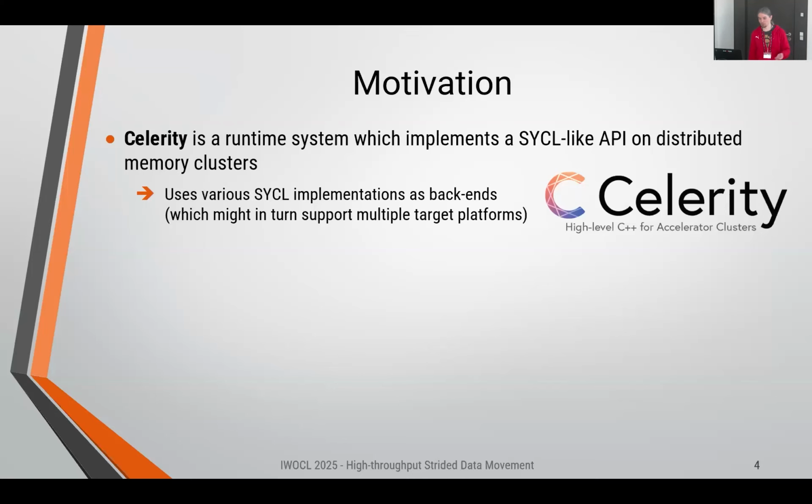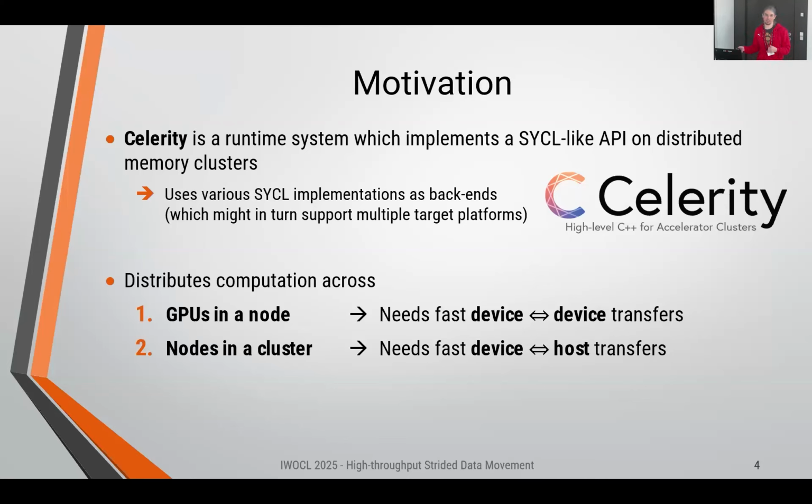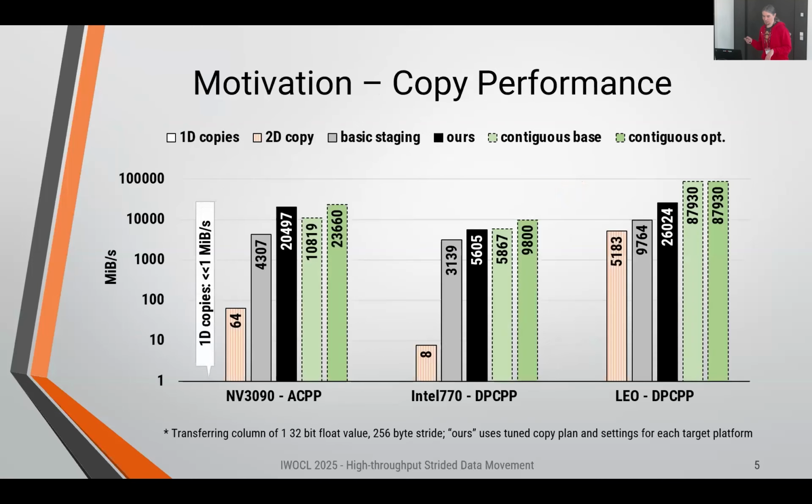So we very frequently have to move data around, both across a few GPUs inside a single node, where we need fast transfers between devices, and also across nodes in a cluster where, depending on the cluster hardware and the API implementation, we can use various methods, but on many systems we often need to do a device-to-host transfer. So we also need that to be rather fast.